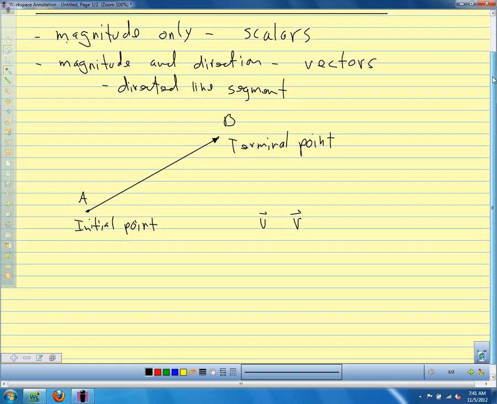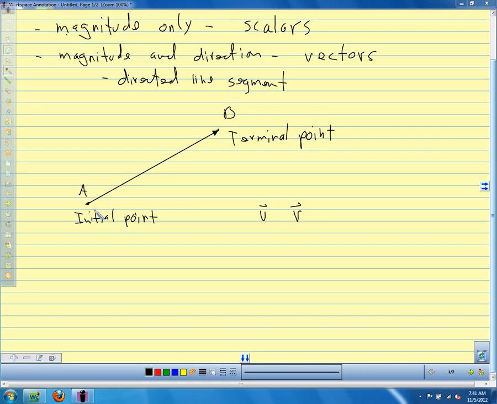If our initial point is at the origin, we call it a vector in standard position. So if our initial point is (0, 0) and our terminal point is (v1, v2), then we write our vector v equals ⟨v1, v2⟩.